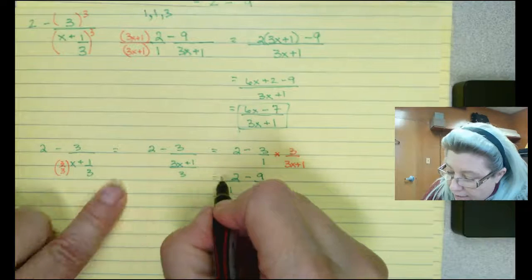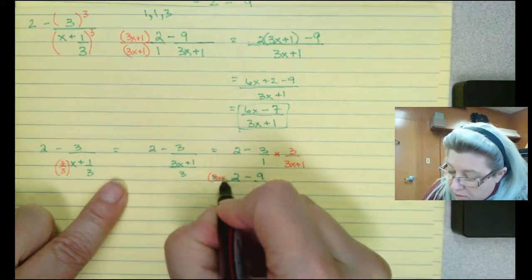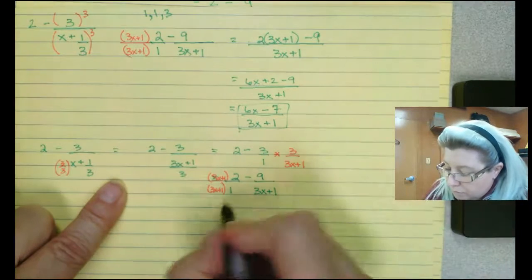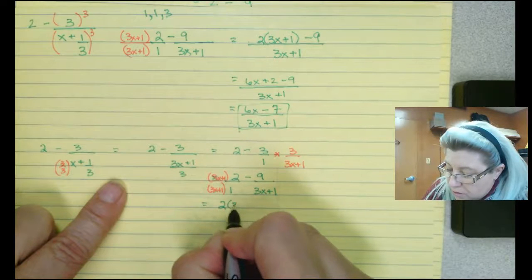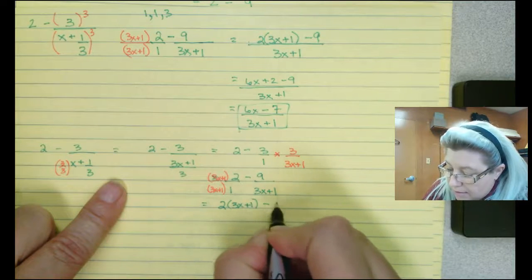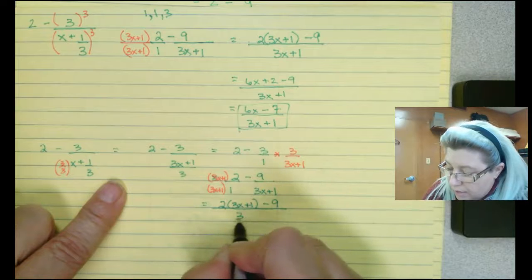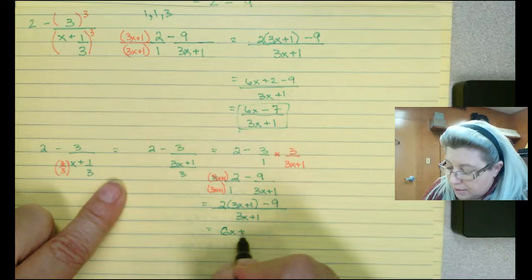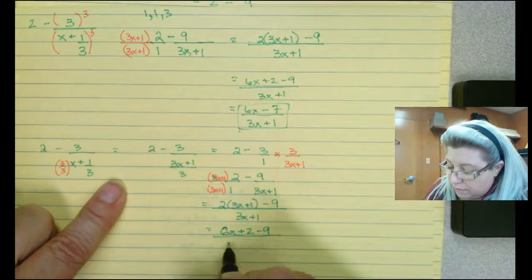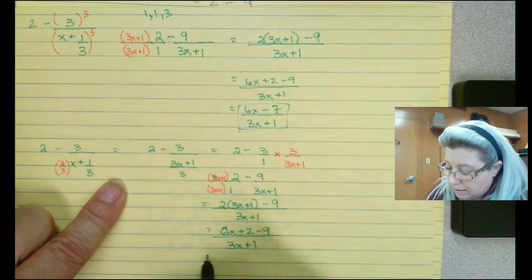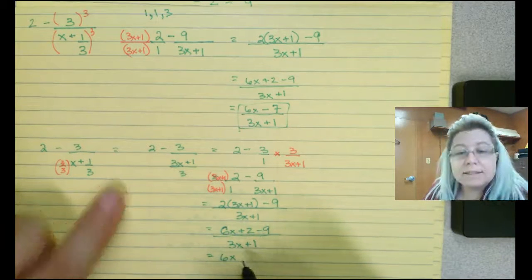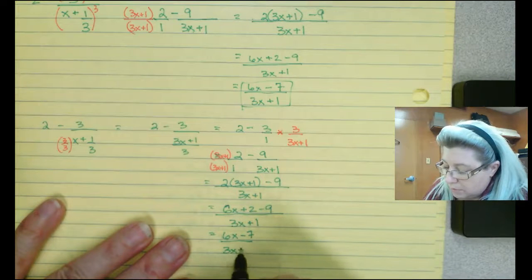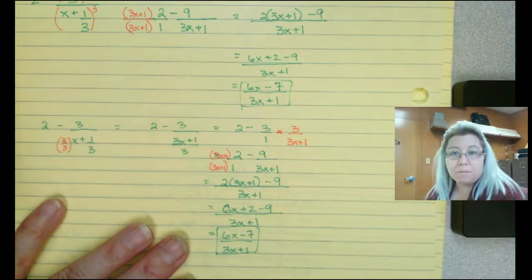Therefore, I'm right back at the step of 3x plus 1 over 3x plus 1. 2 times 3x plus 1 minus 9 all over 3x plus 1. That's going to be the 6x plus 2 minus 9 all over 3x plus 1. And I'm left with 6x minus 7 over 3x plus 1. Same answer, just a different method.